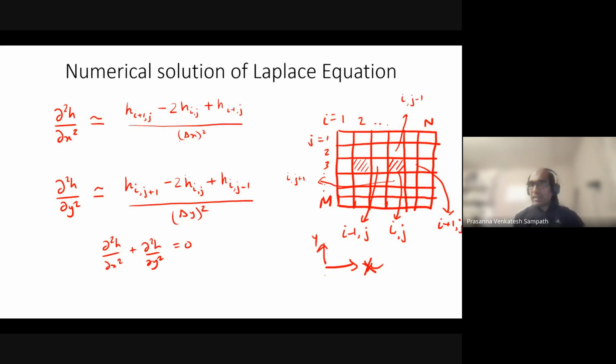This capital N, the number of boxes in the x direction, and capital M, the number of boxes in the y direction, is my decision. I can decide any number capital N, any number capital M. Suppose I pick n and m in such a way that my delta x is equal to delta y, which means the size of the box in the x direction is equal to the size of the box in the y direction. So it's not a rectangular box, but a square box. Okay, suppose I do that.